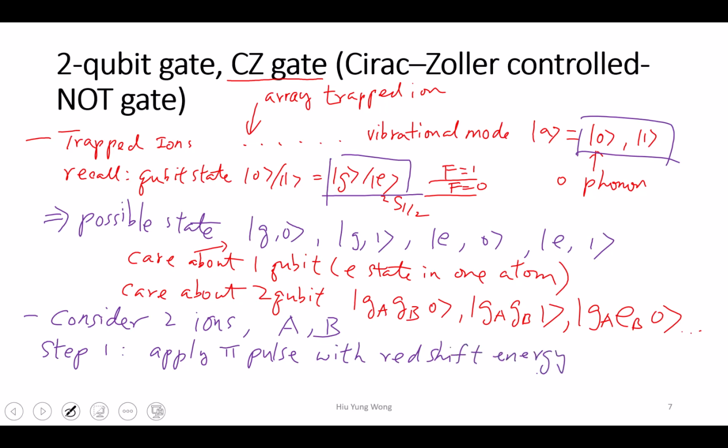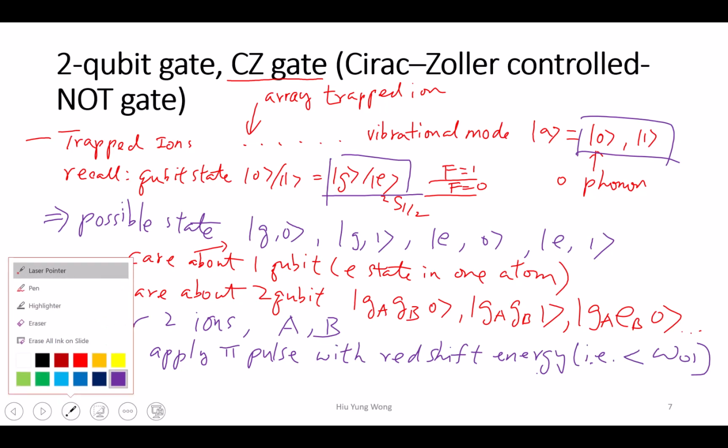It means the energy is smaller than the energy required to excite it from the ground state to the excited state. It's redshift. Okay? If it's not redshift, you know that if I apply a pi pulse, you are going to have Rabi oscillation, right? Bring it from 0 to 1, 1 to 0. Is that okay?